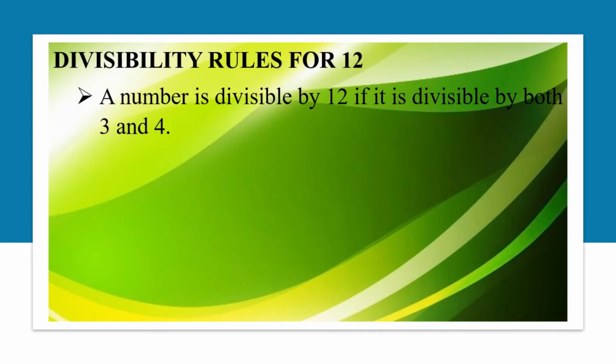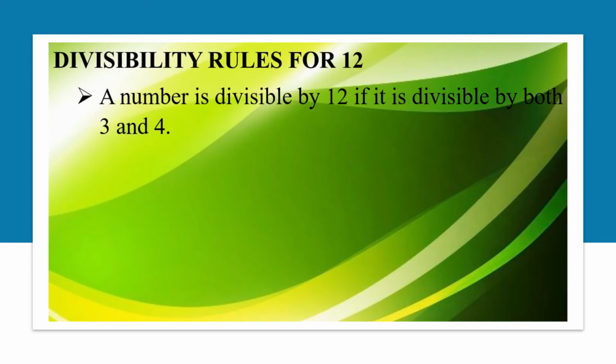Meron silang pagkakapareho ni divisibility rule number 6 because divisibility rule number 6 is divisible by both 2 and 3. Pero, ang pagkakaiba ni 12 ay divisible by both 3 and 4.